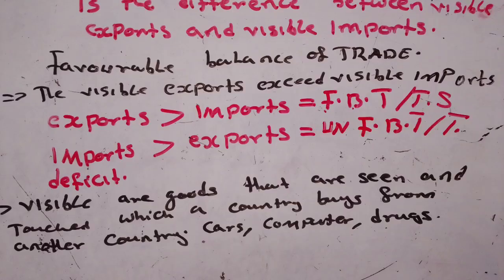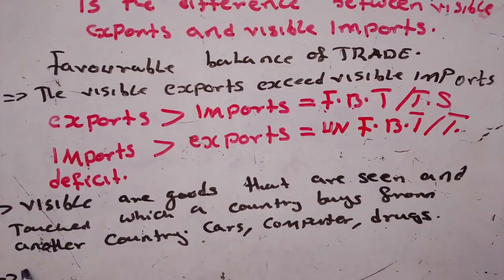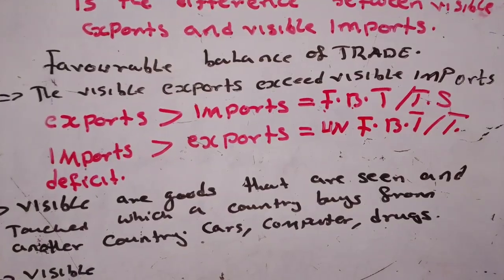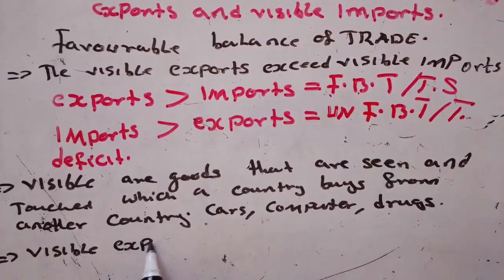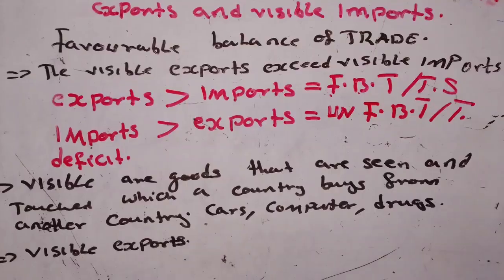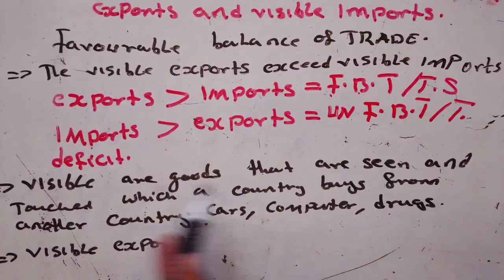We also said another term, which is visible exports. So here we have visible exports. Remember, we defined visible imports as goods that are seen and touched, which a country buys from another country.